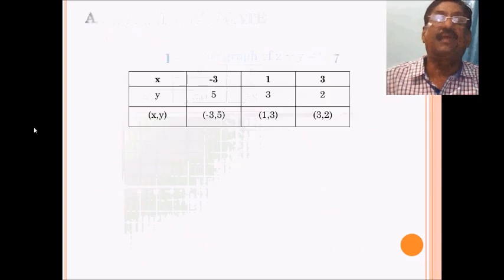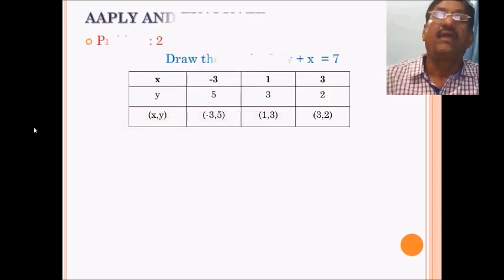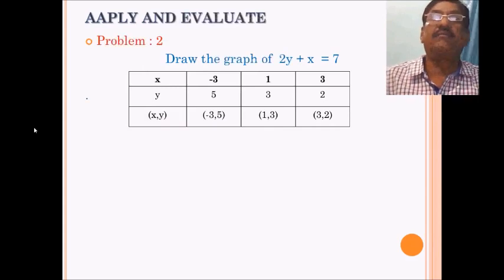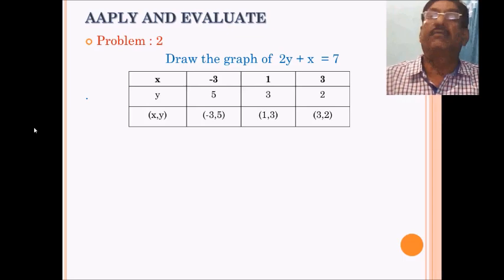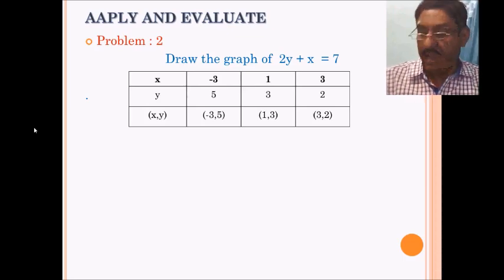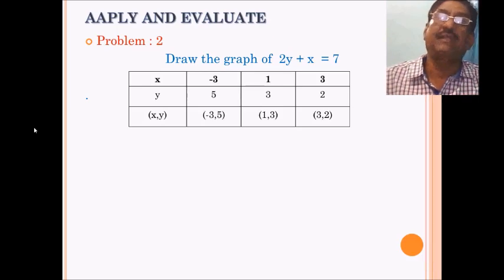The next problem is to draw the graph of 2y plus x is equal to 7. First write this equation with y in terms of x, and find the ordered pairs which will satisfy the given equation. Then draw the graph of this.